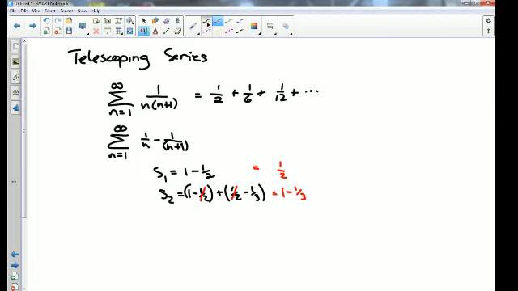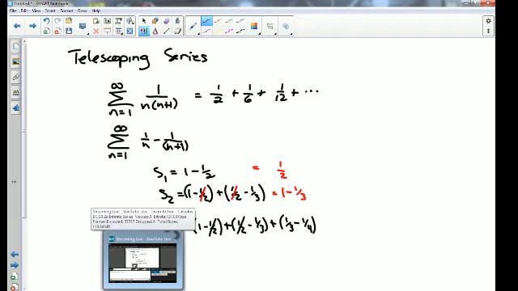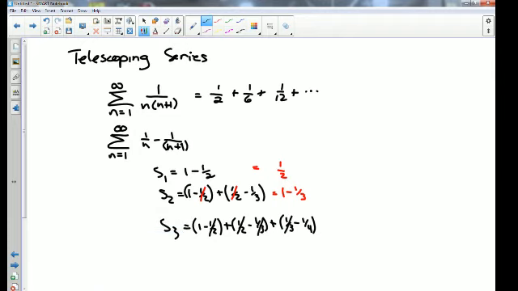How about S3? Plus 1/3 minus 1/4. Is that right? Yep. So if the halves cancel, do the thirds cancel, negative and positive? Yeah, they do as well. So we get 1 minus 1/4.